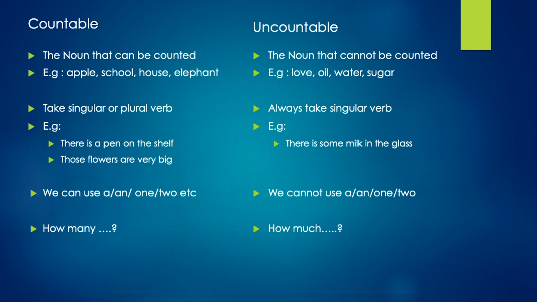Like how many apples and how many elephants in the case of countable nouns. And for uncountable nouns, we ask how much water, how much sugar, etc. So these were a few rules to be used for countable and uncountable nouns. The rules should always be remembered and followed.